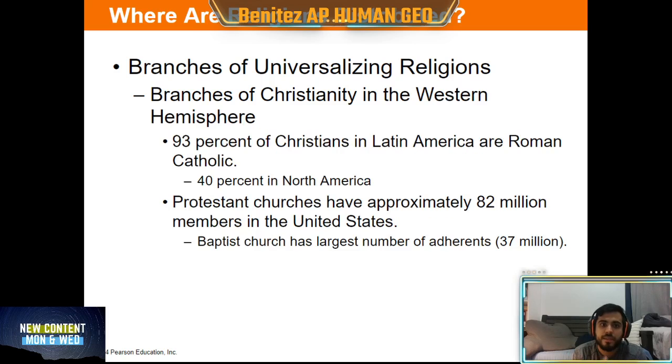But let's look at the Western Hemisphere. When I say the Western Hemisphere, I'm talking about North and South America. If you go to Latin America, 93% of the Christians in Latin America are Catholic. But if you go to the United States, you will find many more Protestant churches.